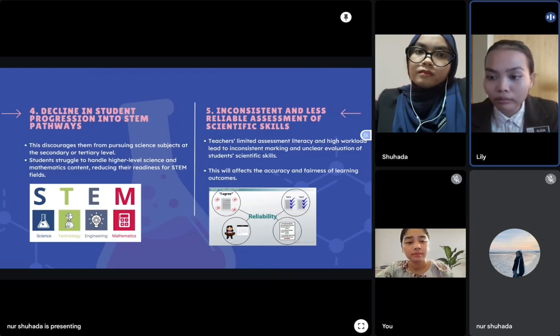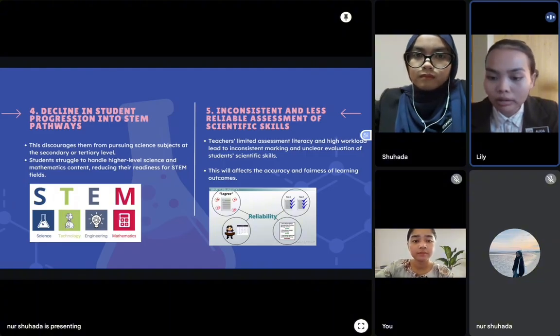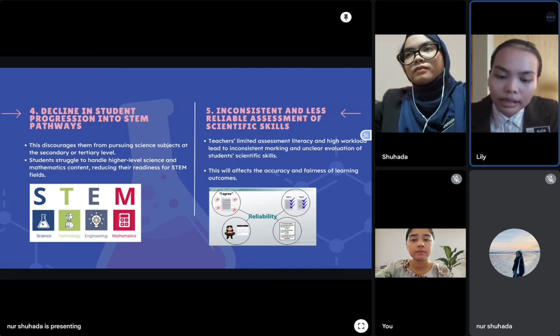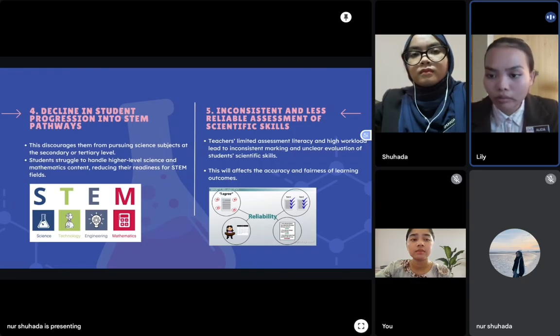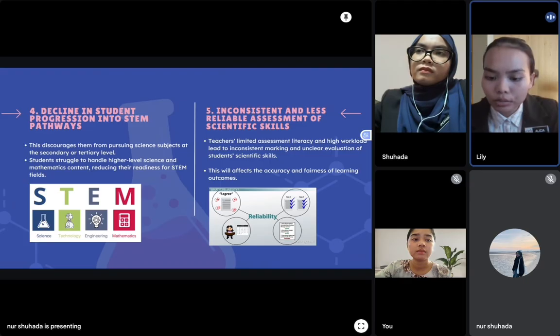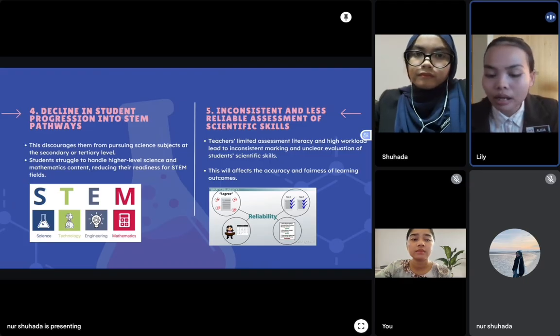Because of heavy workloads and large class size, teachers often assess students based on general observation instead of clear criteria. Next point, this will affect the accuracy and fairness of learning outcomes. So this problem will cause their marking to become inconsistent. This will affect fairness and makes it hard to measure students' real science skill accurately.